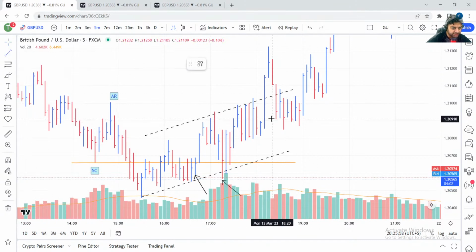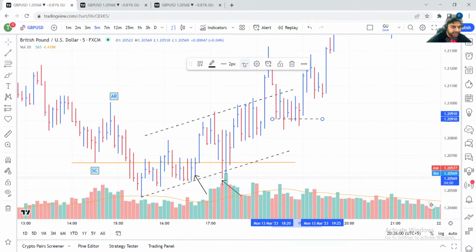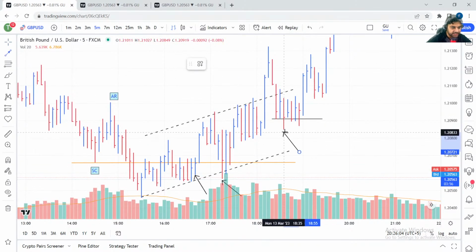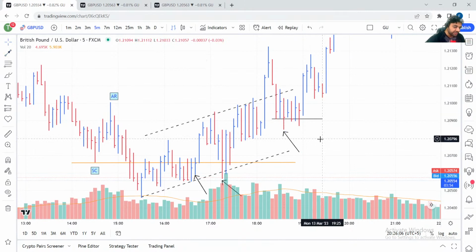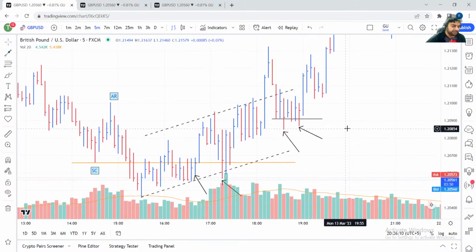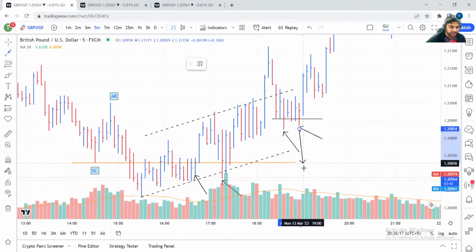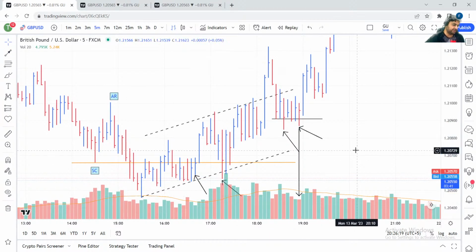You will put the support level over here, and you will know that this is another amazing buying opportunity. If you didn't buy on this bar, then you should buy on this bar, because this is another buying opportunity. And guys, can you look at the volume of this bar? This is no supply.